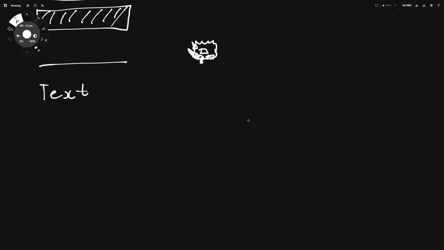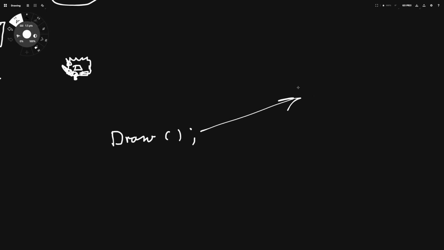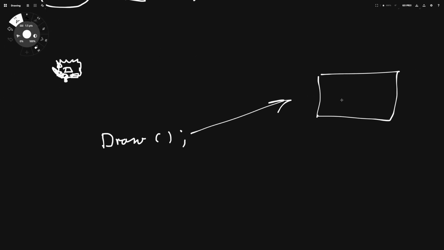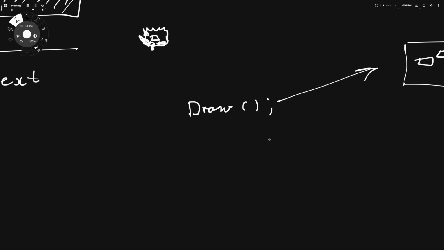If our user calls draw rectangle, do you want to just draw this rectangle immediately to the screen? Say you want to draw 3 rectangles, or 10, whatever.